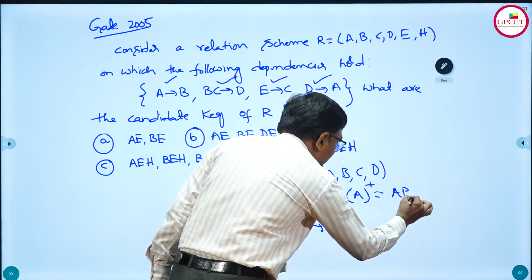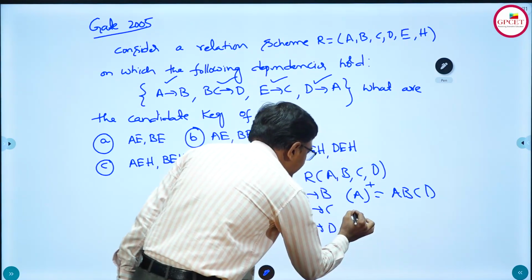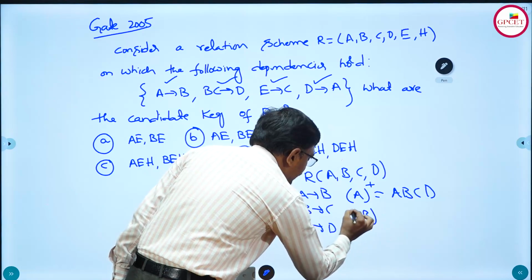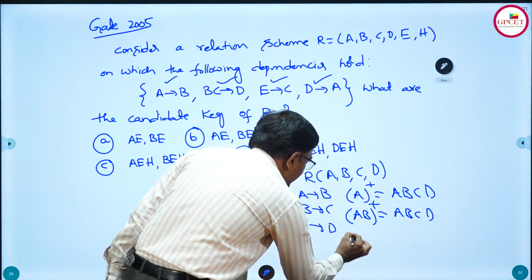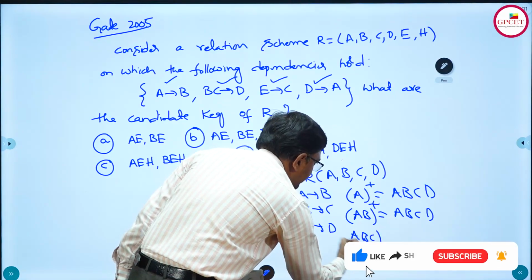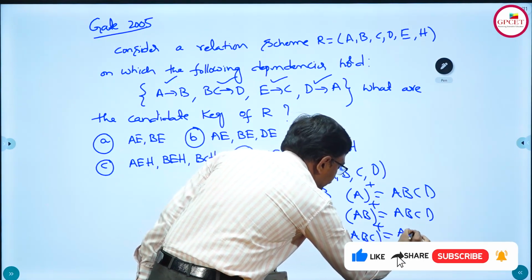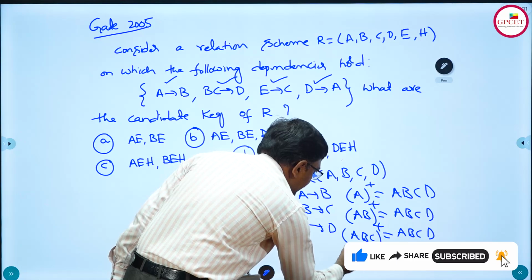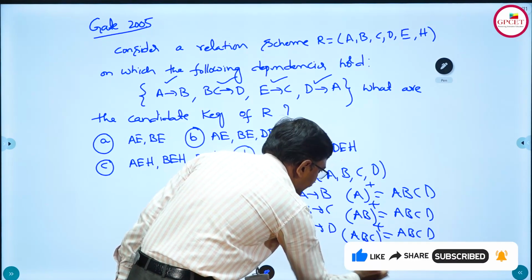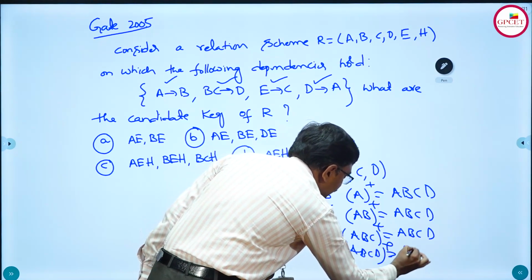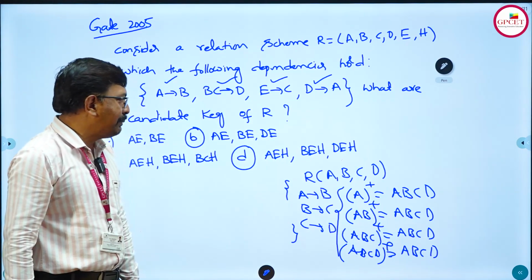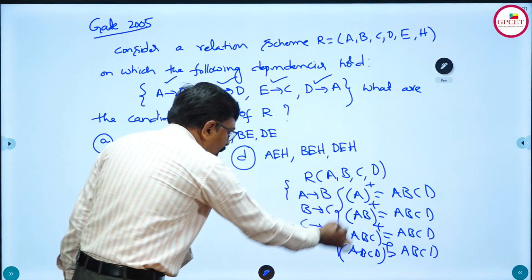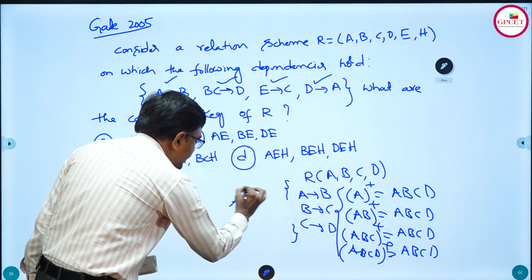A derives B, B derives C, C derives D. And then AB closure, we can get A, B, C, D. ABC closure, we can get A, B, C, D. ABCD closure, we can get the original relation A, B, C, D. Here A, AB, ABC, ABCD are the super keys, but among all four, A is the key.